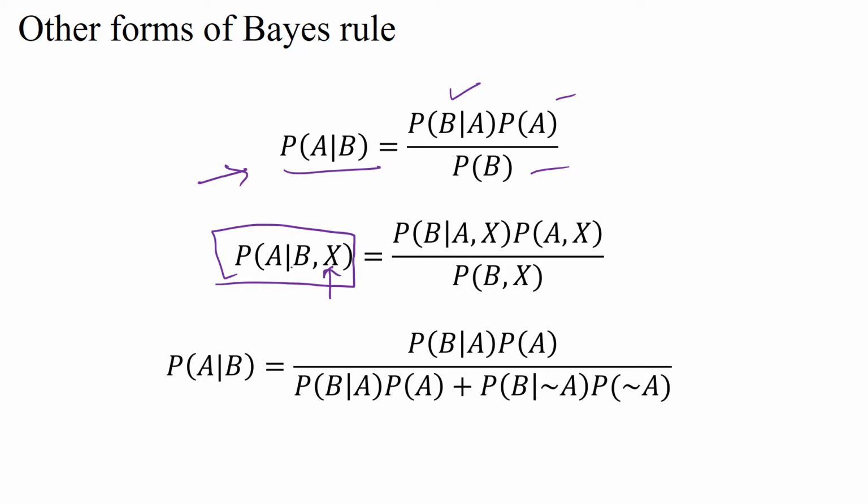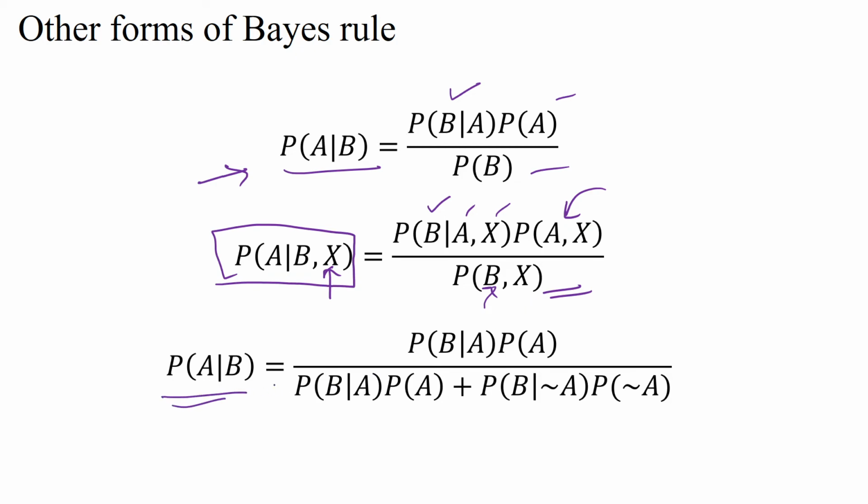Probability of event A given event B with respect to random variable x can be denoted by probability of event B given event A with respect to variable x multiplied with the probability of A with respect to random variable x divided by probability of B with respect to random variable x. So it is also denoting the Bayes theorem.